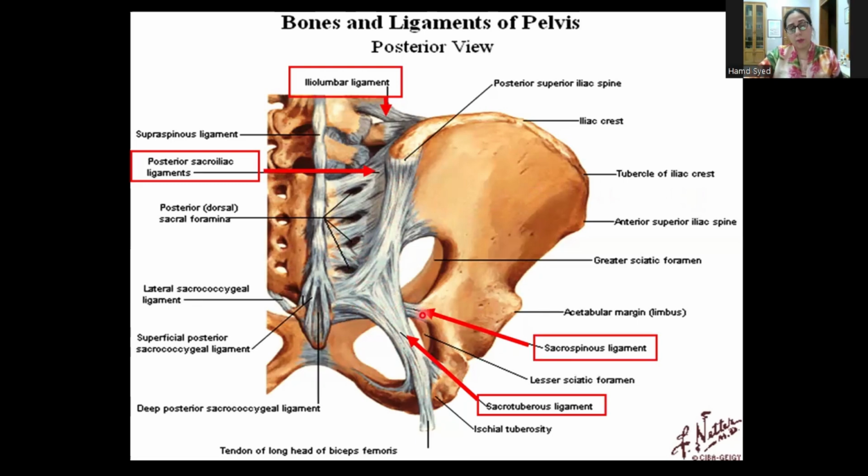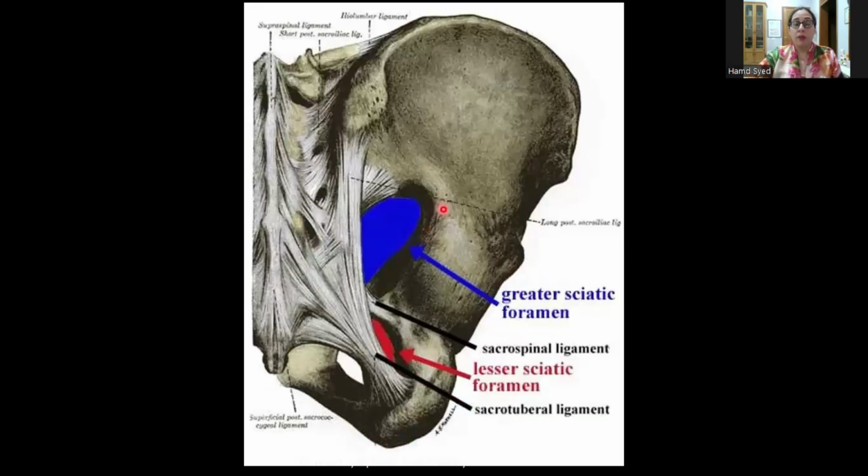So these two ligaments have converted the greater and the lesser sciatic notches into the greater and lesser sciatic foramina. So here the foramina have been highlighted to make it easier to understand. This blue region is representing the greater sciatic foramen, and this red region is representing the lesser sciatic foramen. And here is the sacrospinous ligament, and this is the sacrotuberous ligament.